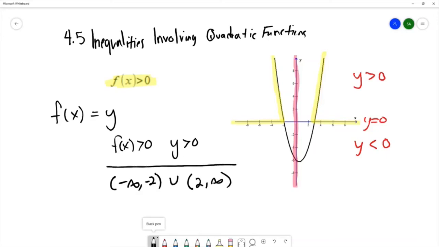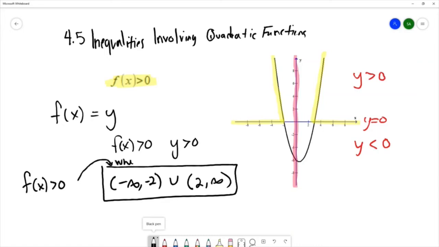So the answer to our question is that y is greater than 0, or f of x is greater than 0, when x is from -infinity to -2 and, oh, sorry, I messed that up. This is not 2 right here, this is a 3.